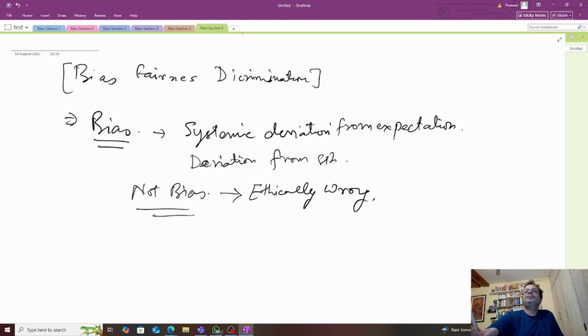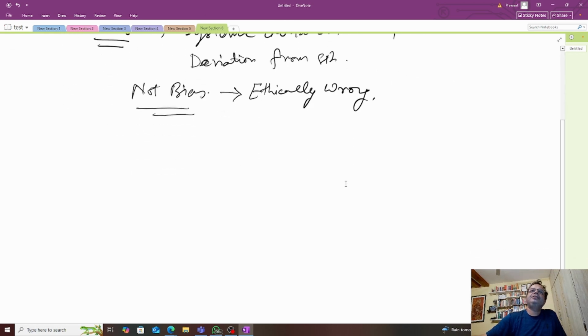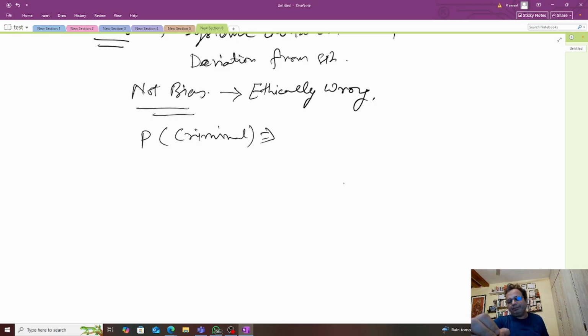For example, if you create an algorithm which gives the probability of a person being criminal or not, and you look at the past records, criminal history, you will say that the possibility of a random guy X being a criminal, if he is a male, is going to be much higher than that of a female.